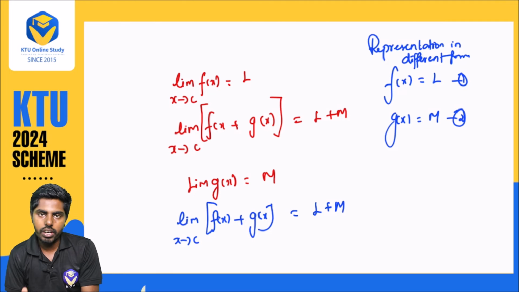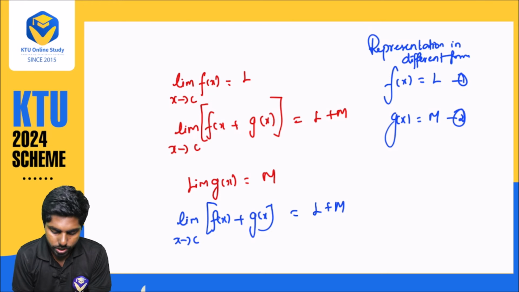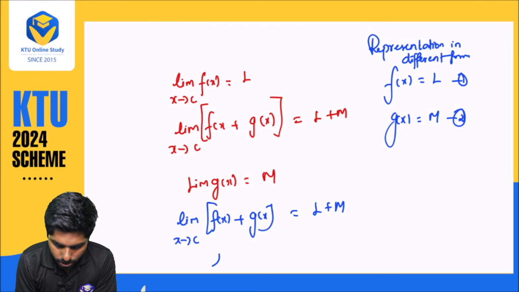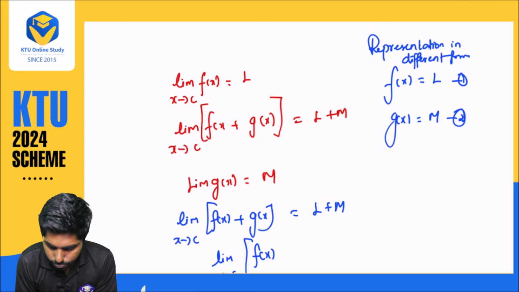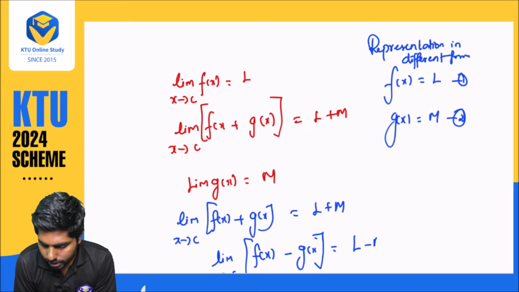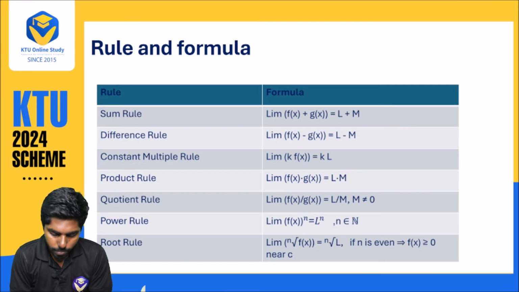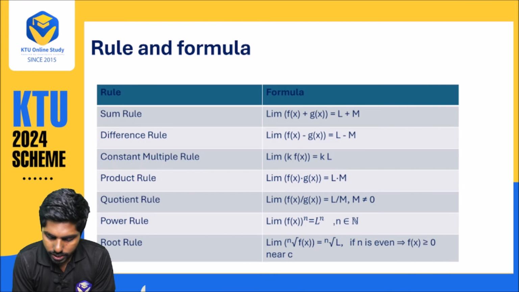Similarly, for subtraction, it is the same thing: the limit as x approaches c of f of x minus g of x will be L minus m. This is the rule you want to know.